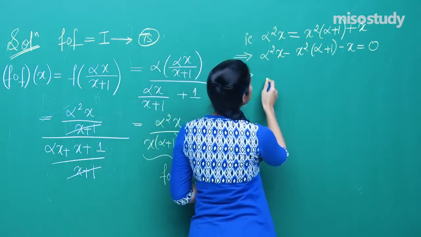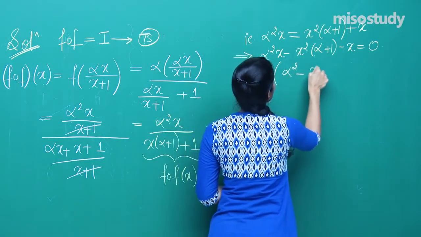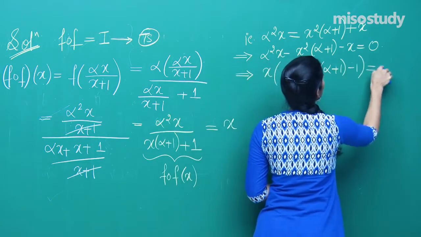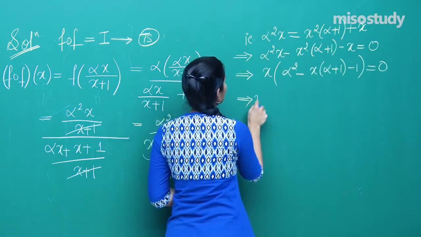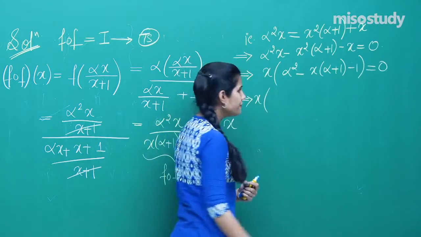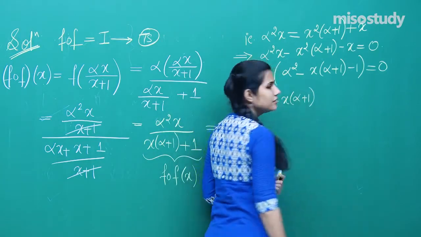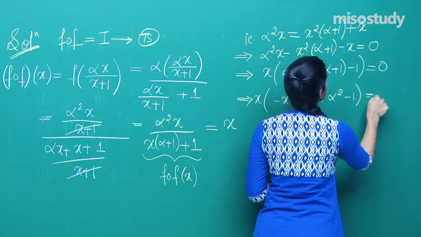And this means if I just take out x common, you have alpha square minus x times alpha plus 1 minus 1 equals 0, which gives you x outside. Here you can just write this as this plus alpha square minus 1.